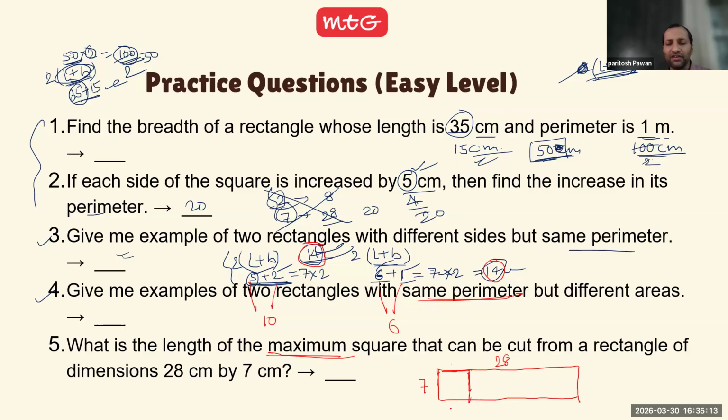This is 7, one more 7 we cut, and two more 7s. 7 fours are 28, so actually 4 squares we can cut. What is the length of the side? The length will be 7 centimeters. The maximum square is 7 centimeters, number of squares 4. Clear? Anyone has any doubt in this?